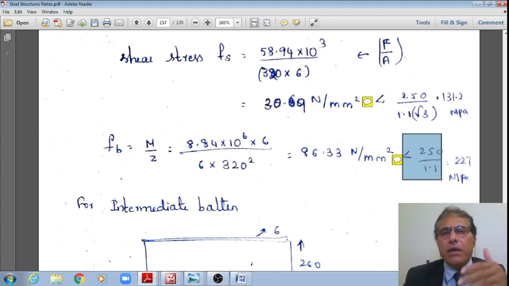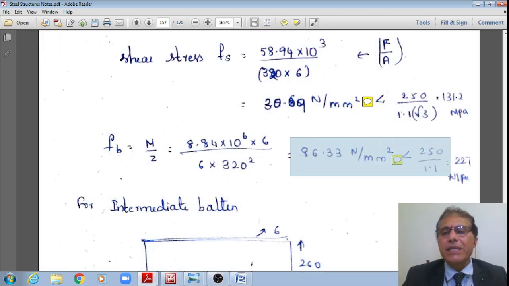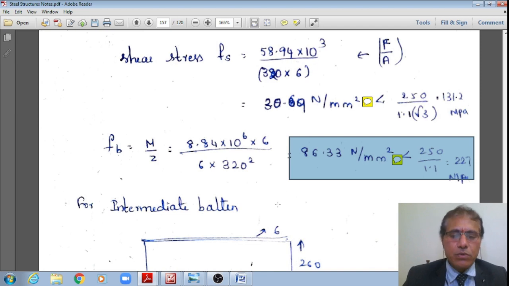And also, if I go to the design of beams, there also the permissible bending stress is equal to fy divided by gamma m0. That is also the same, 250 divided by 1.1, which is 227.27. However, I got the actual bending stress as 86.33, which is much less than 227.27.